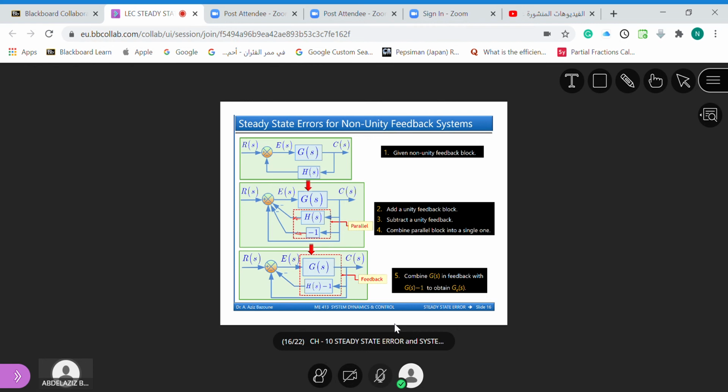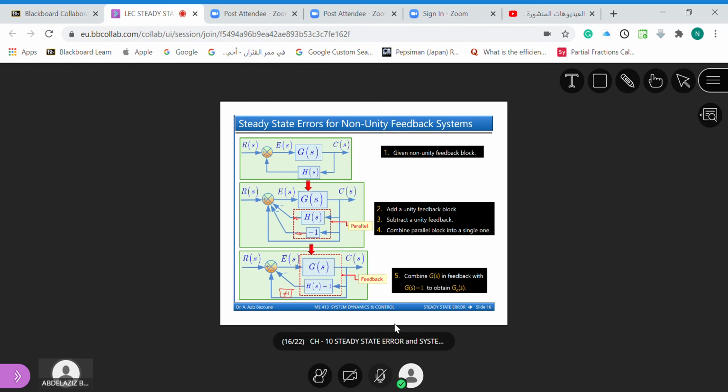So now this is G of S, H of S -1, and we have the +1 feedback. Sorry, the +1 should be here. Are we doing it -1? Yeah, the feedback is negative, sorry. It is +1, but it is feedbacked with -1.